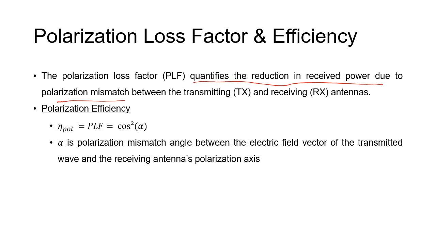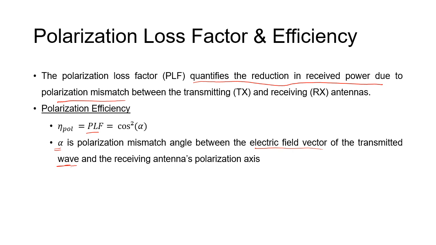When we define eta polarization, we will find another term called PLF. It is the same concept, which is equal to cosine squared alpha, and alpha is the polarization mismatch angle between the electric field vector of the transmitted wave and the receiving antenna polarization axis.